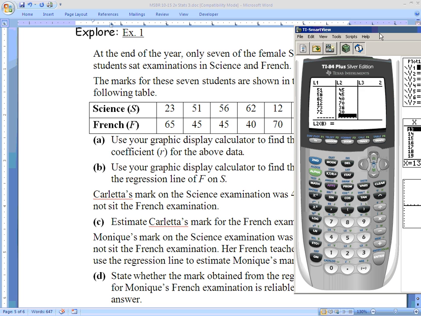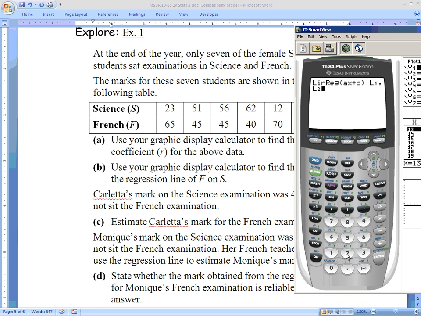Once we've got that in, we go to Stat, we go to Calculate, and we go to 4, LinReg, which stands for line of regression, which we just talked about on the last slide. We're going to do L1, comma L2. In the last video, I told you that you needed to have your diagnostics on. If you haven't done that yet, press second 0, scroll down to DiagnosticOn, and press enter twice.